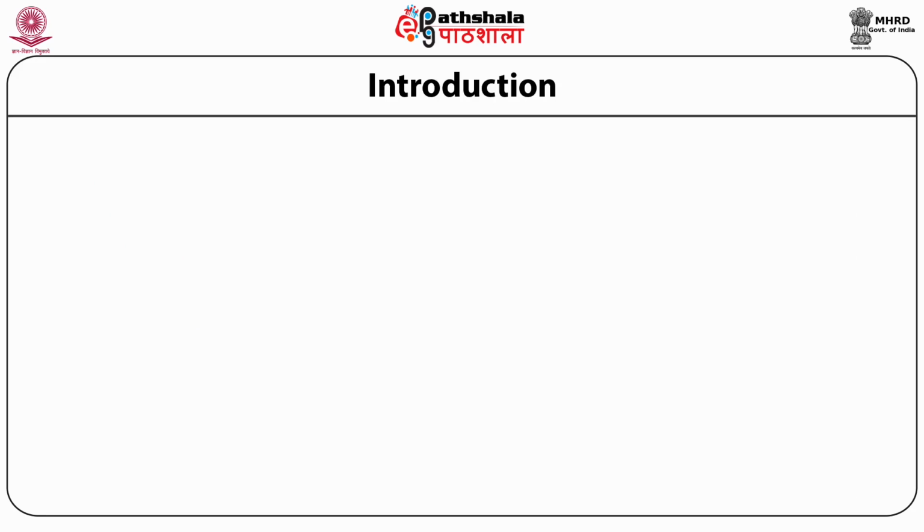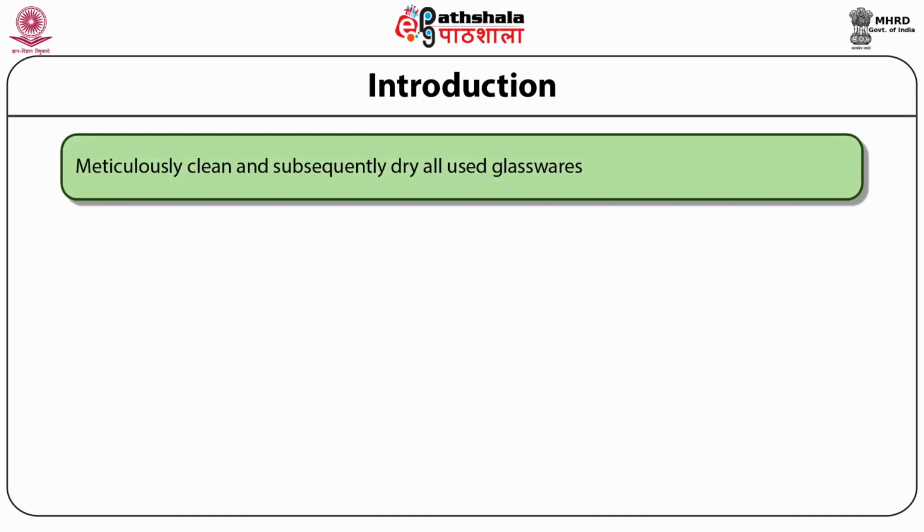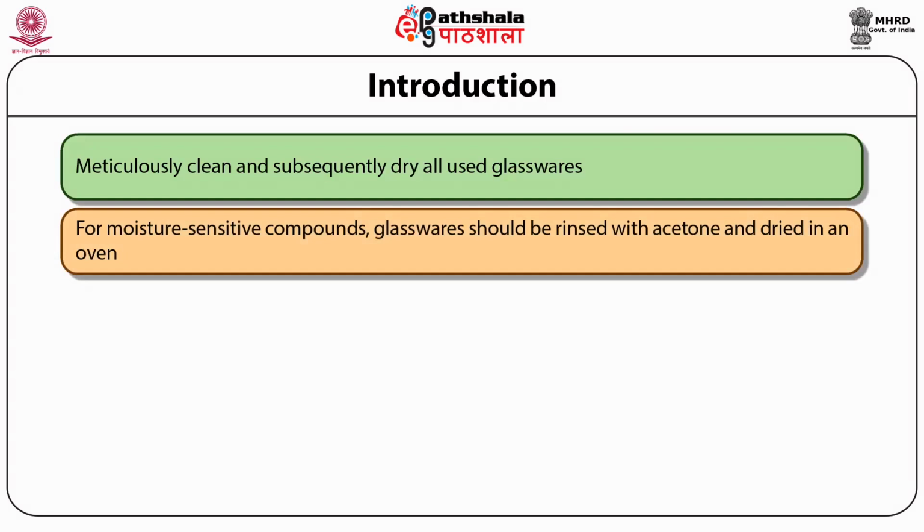It is the prime responsibility of a good chemist to meticulously and scrupulously clean and subsequently dry all used glasswares. For highly moisture sensitive compounds, the glasswares need to be rinsed with acetone twice at least, dried in an oven and brought to ambient temperature in a desiccator.